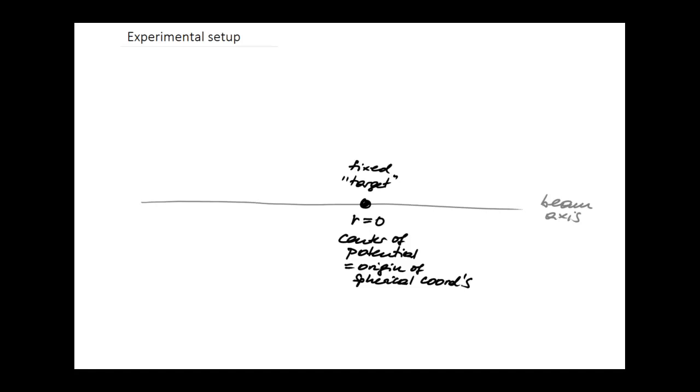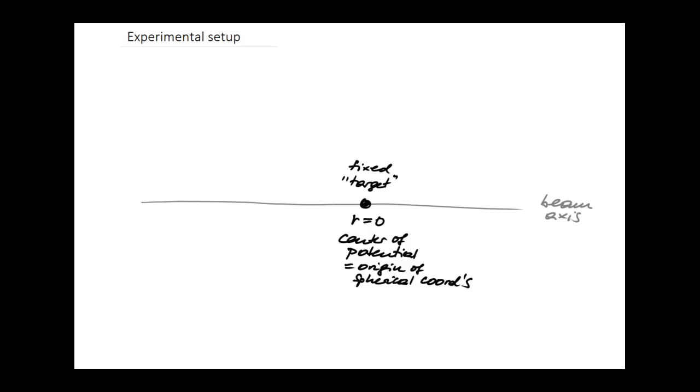Now, in come particles that scatter off this target, this potential. These incoming particles we call projectiles. And they are not all exactly on the beam axis, but the beam has a finite thickness.